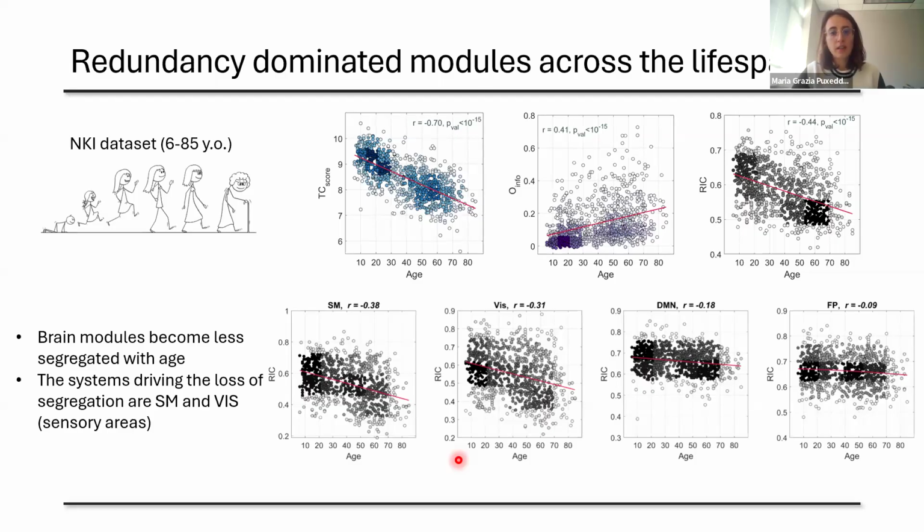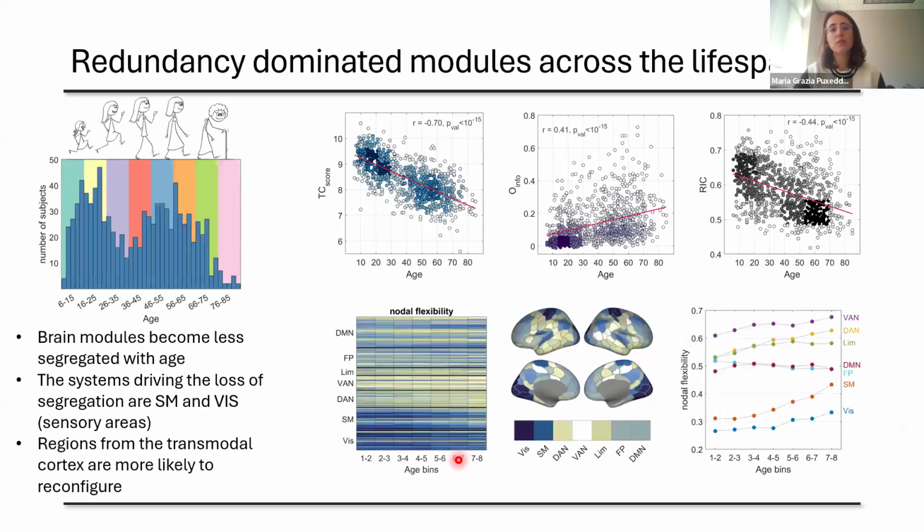And lastly, we also wanted to see how these redundancy-dominated modules change across years. We wanted to see what are the regions that tend to reconfigure the most across age. And so what we did is we split the data set into age bins, specifically made of 10 years.